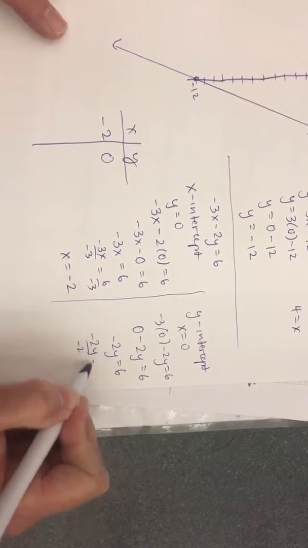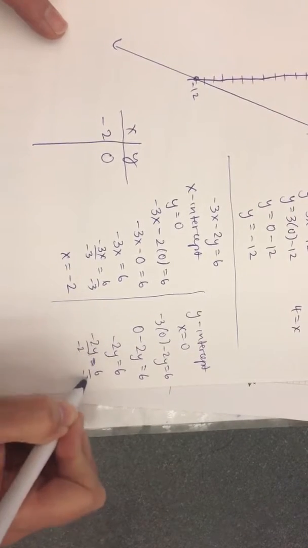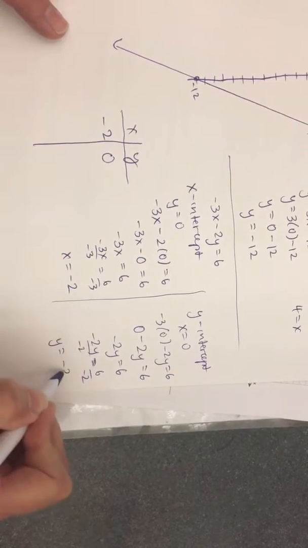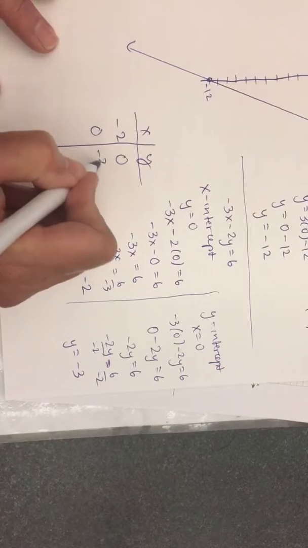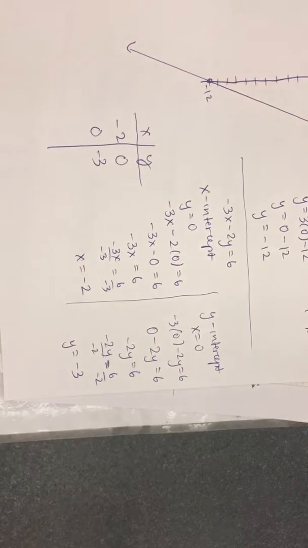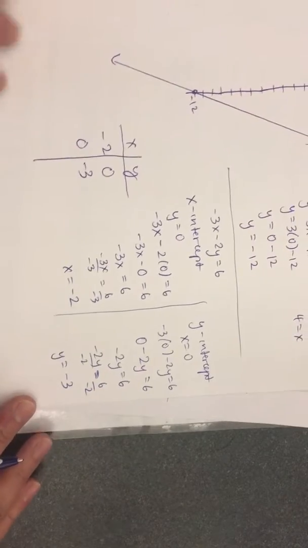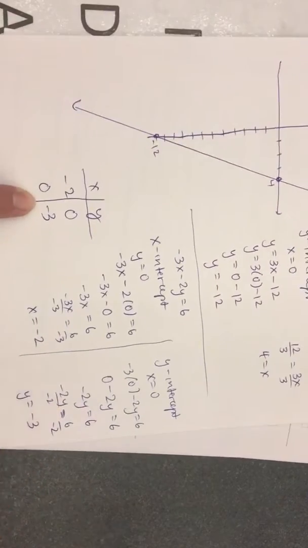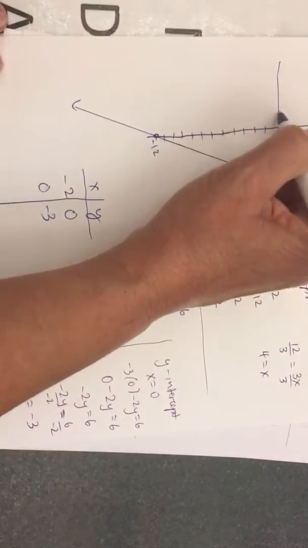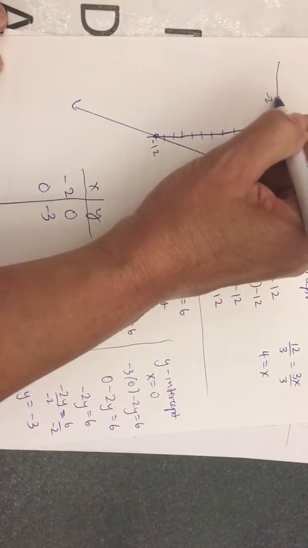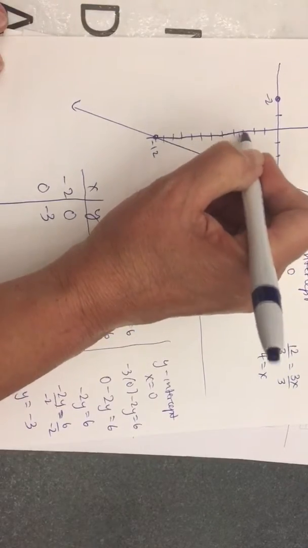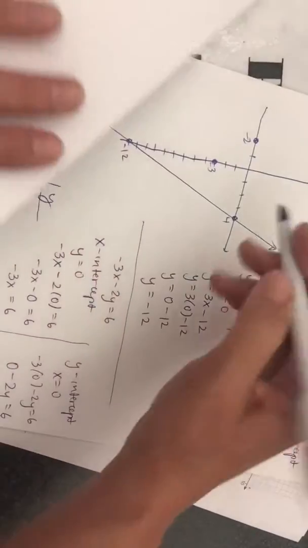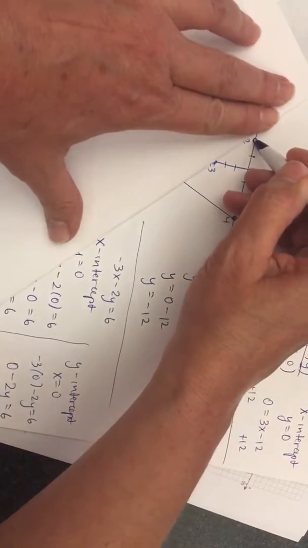Divide both sides by negative 2. Y equals negative 3. So when x is 0, I got negative 3 for y. I will put these two ordered pairs on my graph: negative 2, 0 and 0, negative 3, and connect the dots with a straight line.